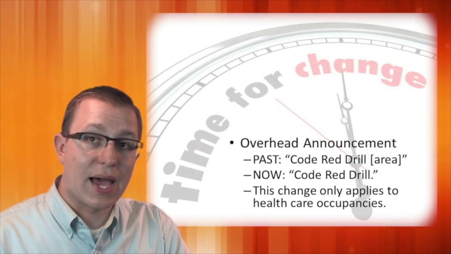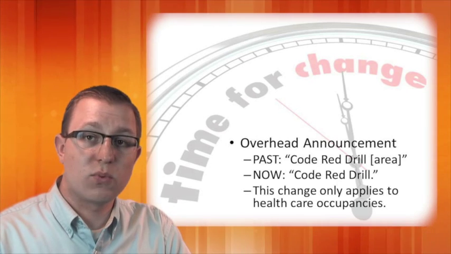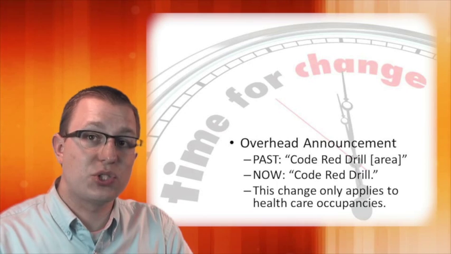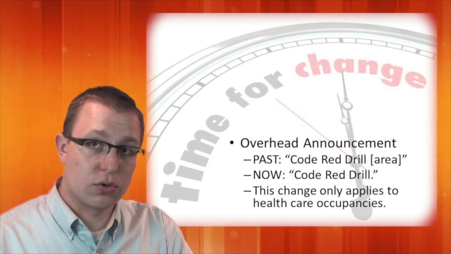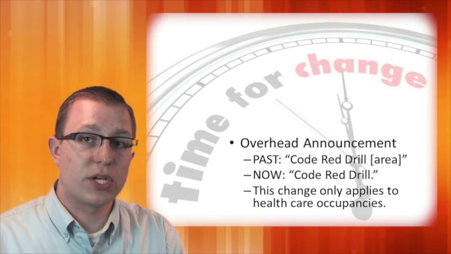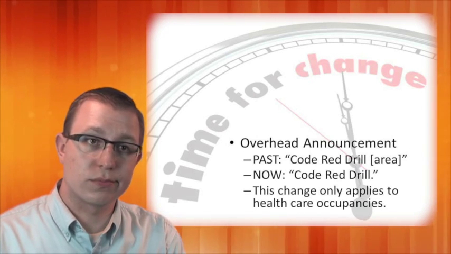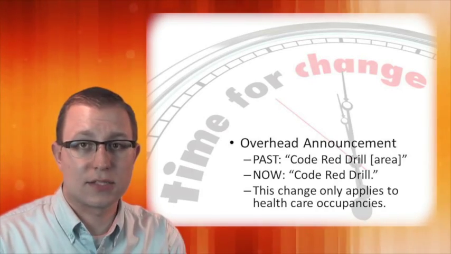So what we had actually changed about 2 years ago was we went away from the location and to where now it's just the announcement code red drill. We don't include the location anymore for code red drills. So that's been a recent change, as well as the change with EH&S not conducting that one drill for that one area that we were conducting in the past.